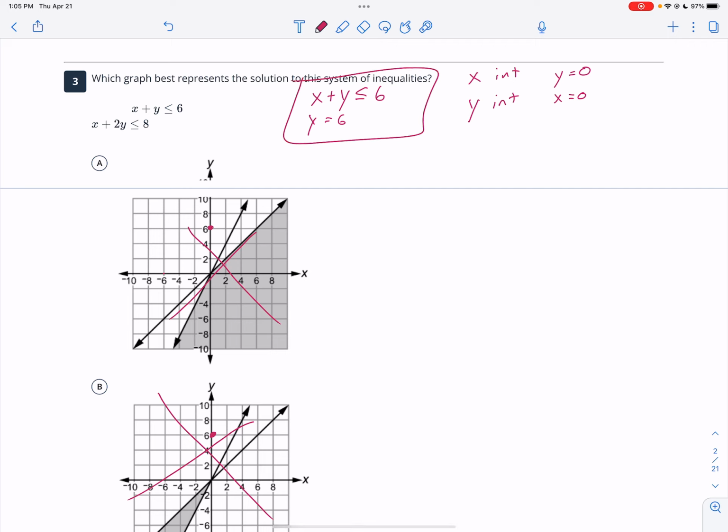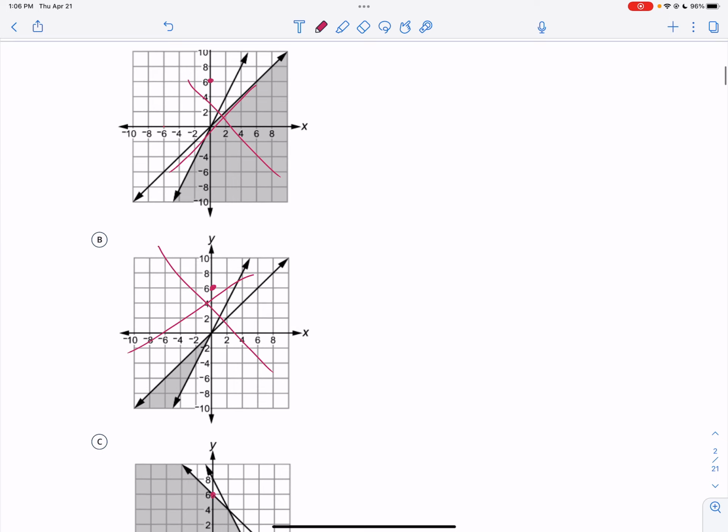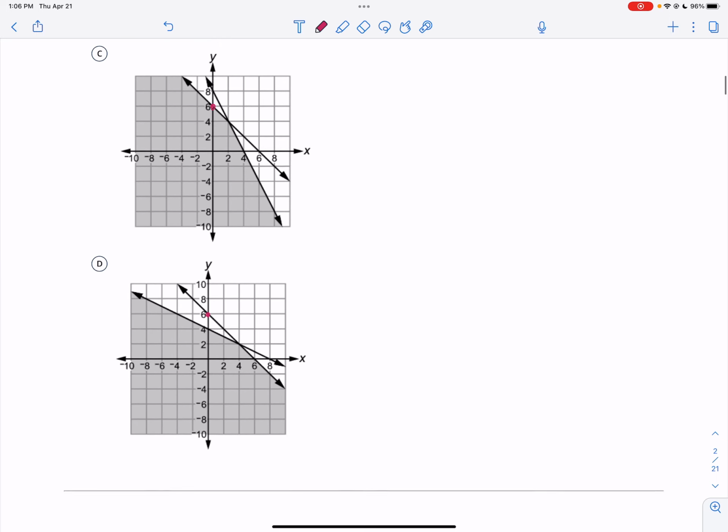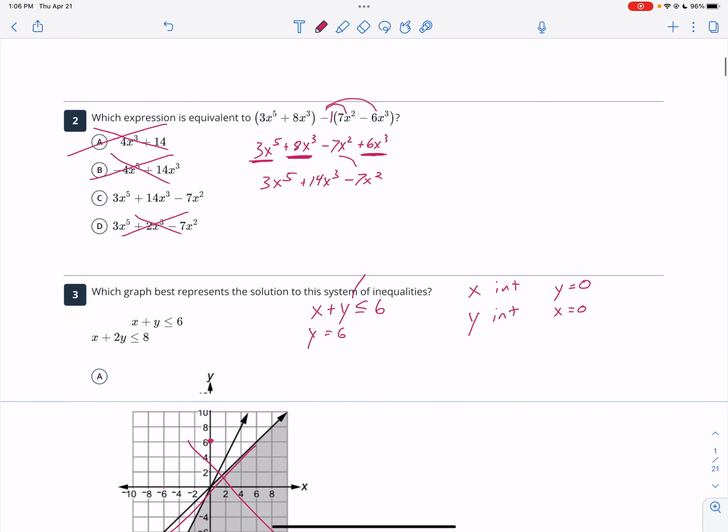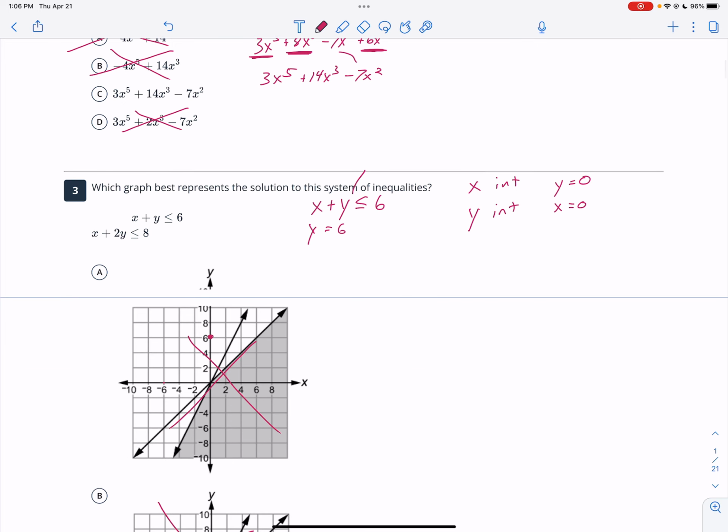And if I also do that for my x-intercept, when I set y equal to 0, x has to be 6. To find my y-intercept, x equals 0, that's this part.